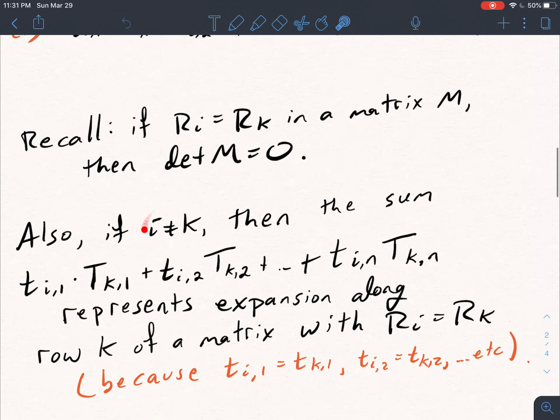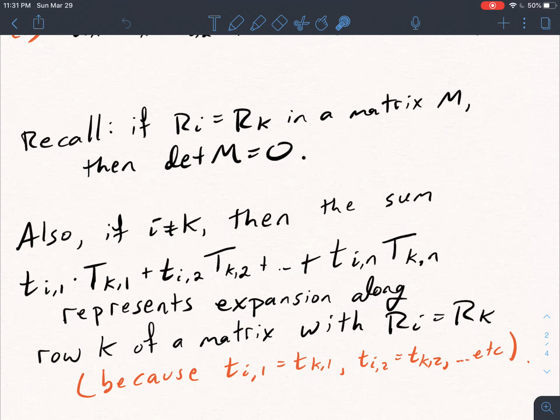So here's why this is useful. For i not equal to k, the sum Ti1 capital Tk1 plus Ti2 capital Tk2 plus up through Tin capital Tkn represents expansion along row k of a matrix with row i equal to row k.